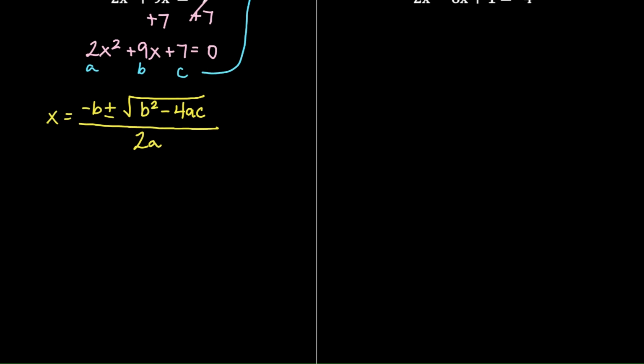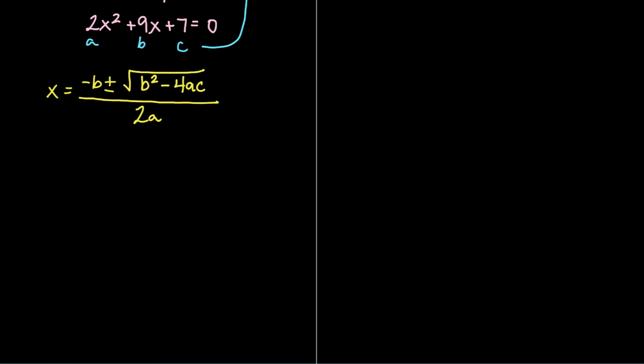So I wrote that. Let's continue. Equals, and instead of b, I'm going to put 9, plus or minus the square root of, instead of b, once again, 9 squared, and then minus 4.